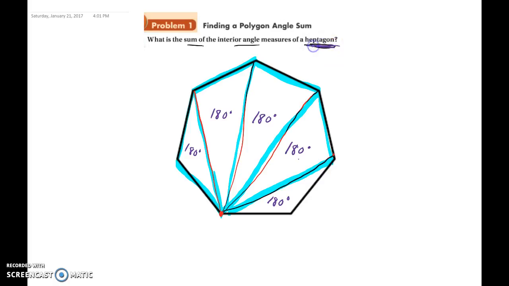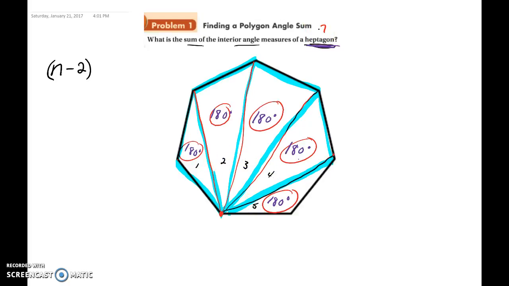So we had a heptagon, and a heptagon had 7 sides. And we created 1, 2, 3, 4, 5 triangles. So our formula that you will use is n minus 2, because if you notice we had 7 sides, and we were able to create 5 triangles.